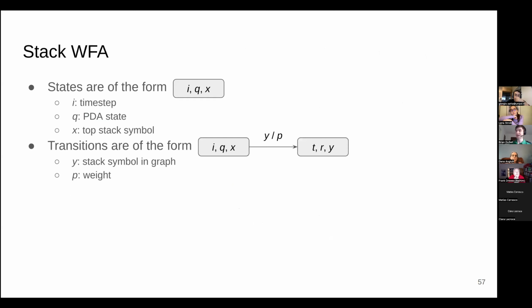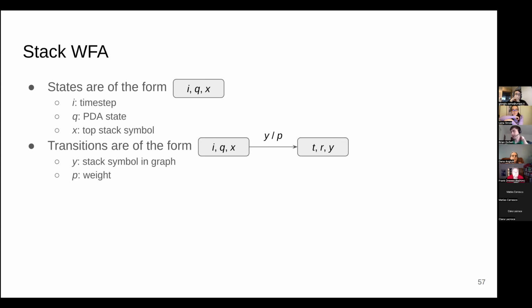All right, so now I'm going to start discussing the details of this stack WFA data structure. When I usually give this talk, I try to shy away from the technical details here, but because this is a theory-oriented audience, I'm going to go for it today. So in the stack WFA, every state is a triple that consists of a time step i, a PDA state q, and a top stack symbol x.